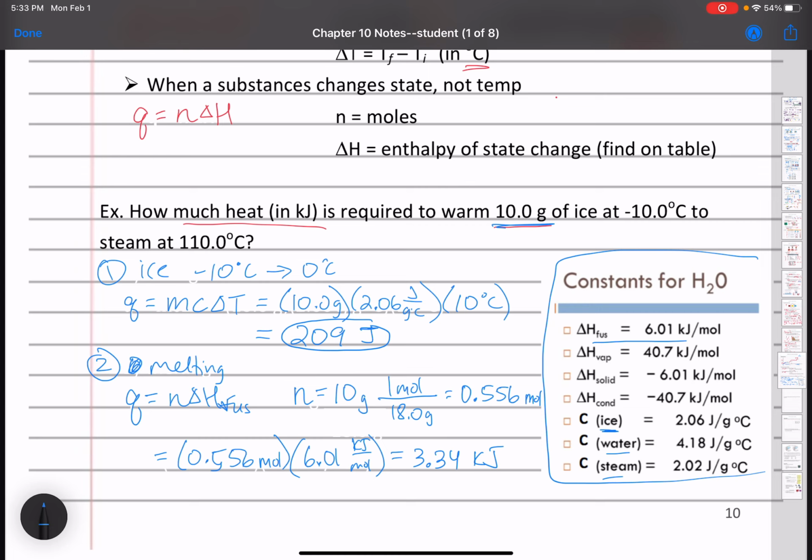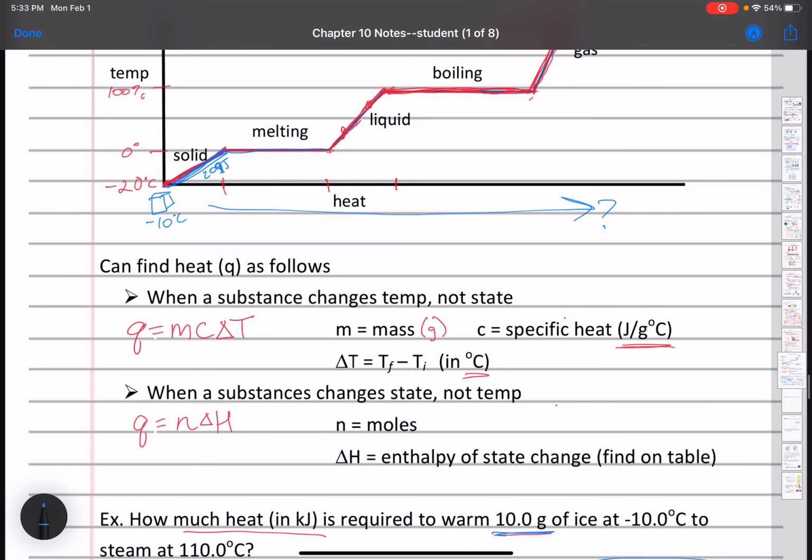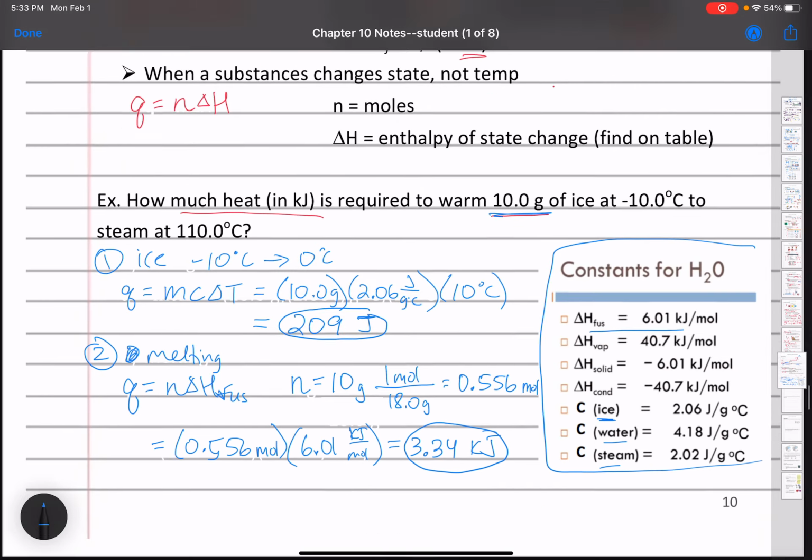I do always appreciate it if you check my math on your own calculators, make sure that I am not in error. So I'll put that here. We've got 3.34 kilojoules.